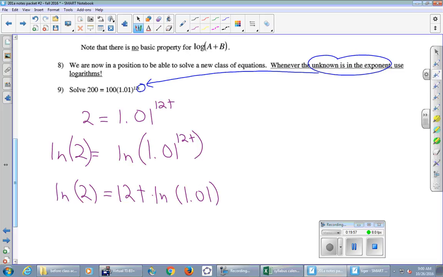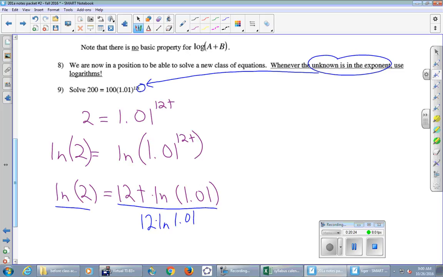Okay, so ln of 2 is a number, 12 is a number, ln of 1.01 is a number. So we just got lots of numbers multiplied all together here. So what do I do in one step to solve for t? Yeah, and also the 12. Let's put them both in there in one fell swoop. Divide by 12 times ln of 1.01.